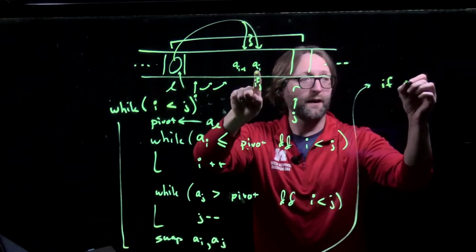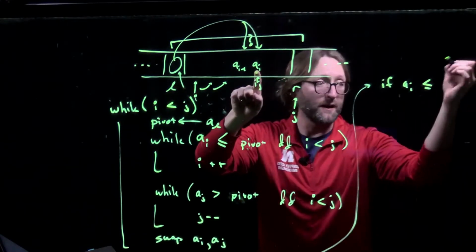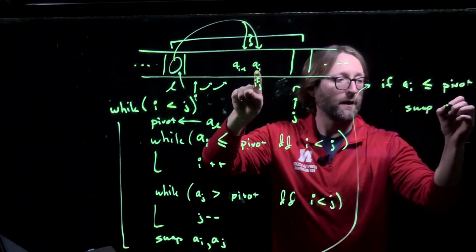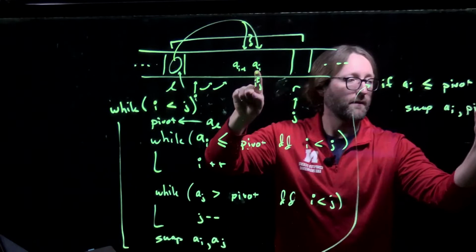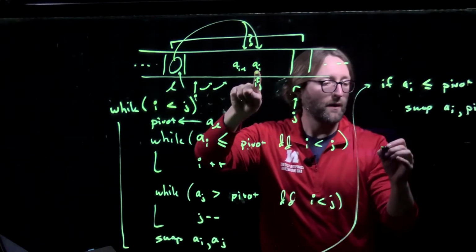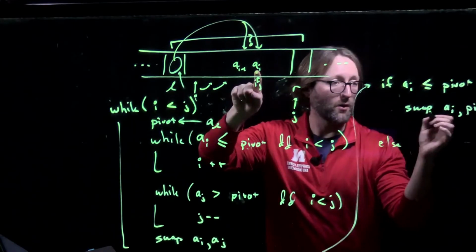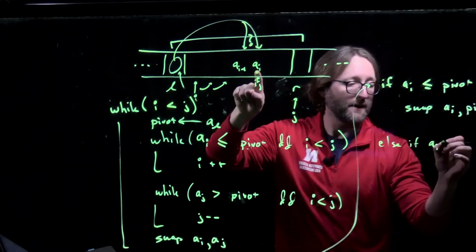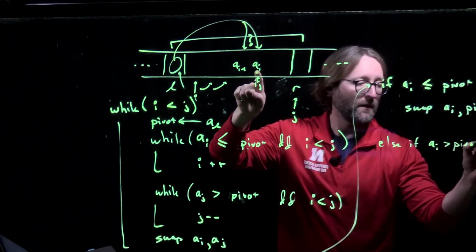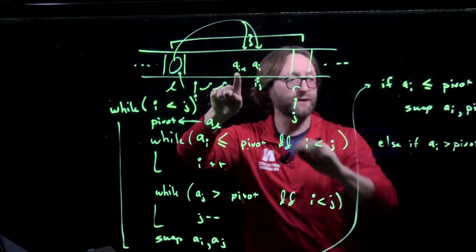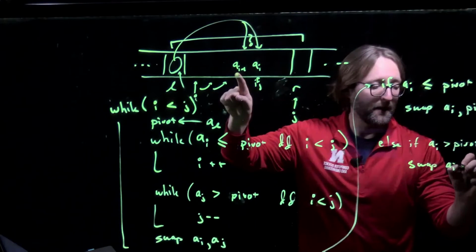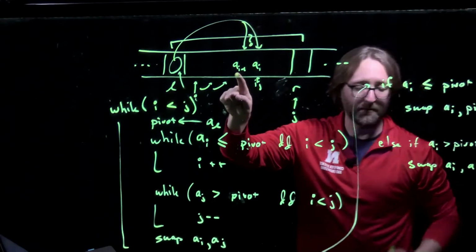So if a sub I is less than or equal to the pivot element, then we can swap a sub I and the pivot. Right? Else, and I'll go ahead and put the condition in here, even though it's not necessary, if a sub I is greater than the pivot, then we need to put it over here with a sub I minus 1. So swap a sub I and a sub I minus 1.